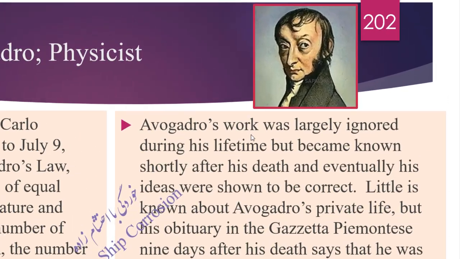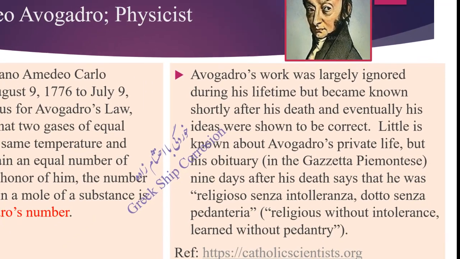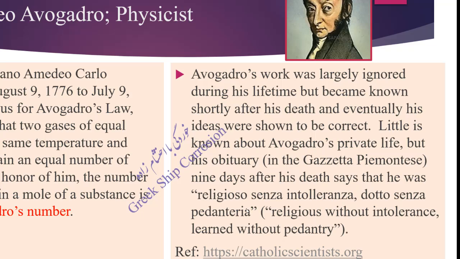Avogadro's work was largely ignored during his lifetime, but became known shortly after his death, and eventually his ideas were shown to be correct. Little is known about Avogadro's private life, but his obituary 9 days after his death said that he was religious without intolerance, learned without pedantry.